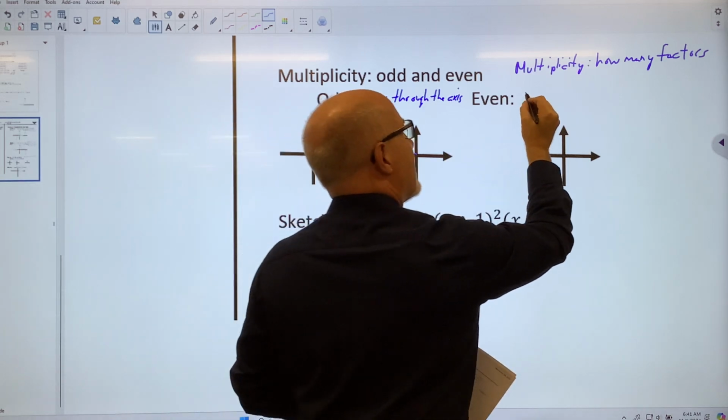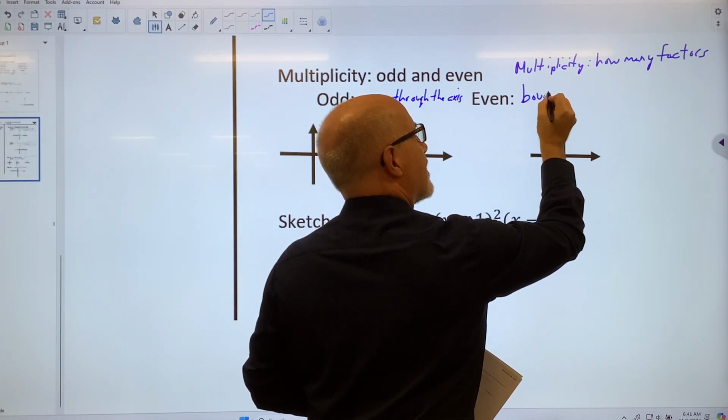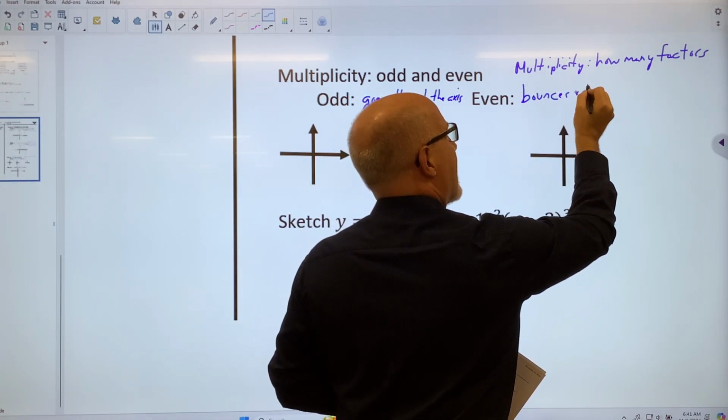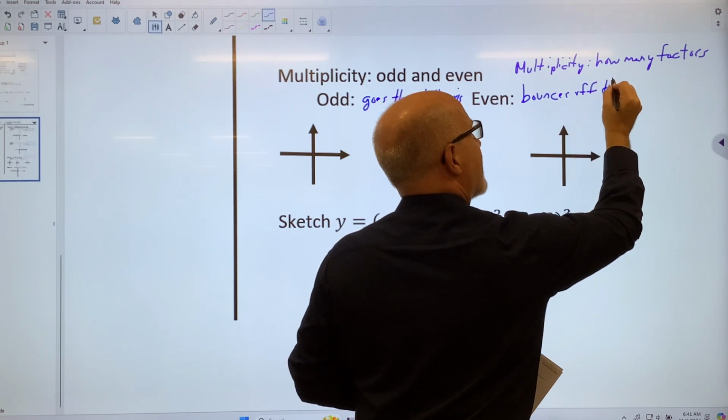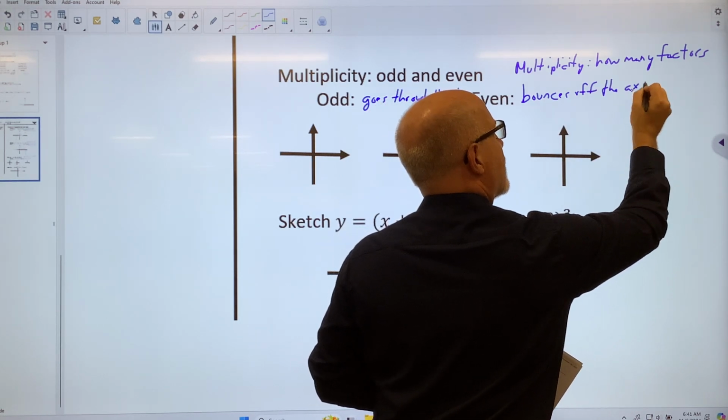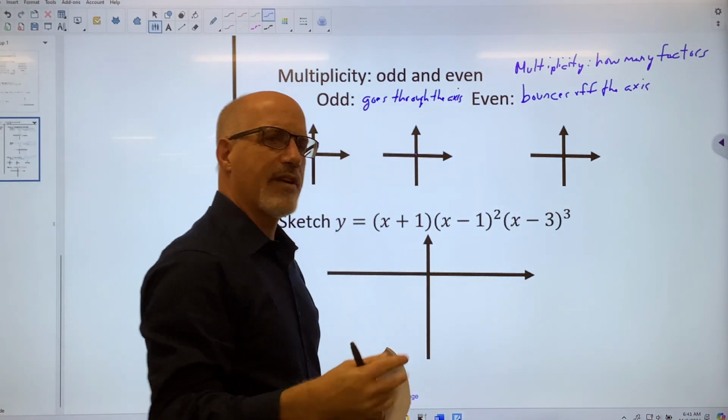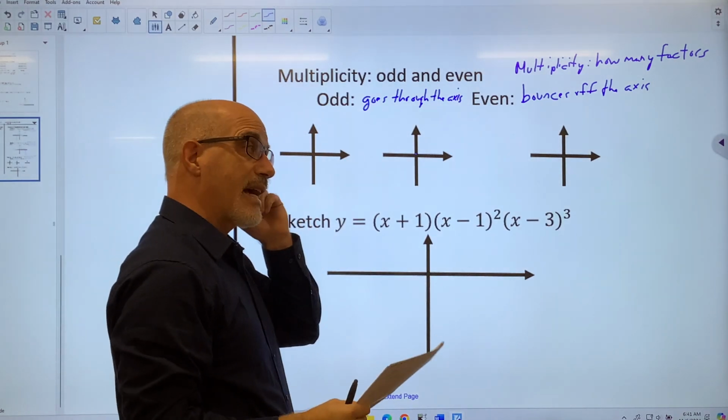When it's even, it bounces off the axis. It's not a technical term, but it's a graphic one, that idea of it bouncing off the axis.